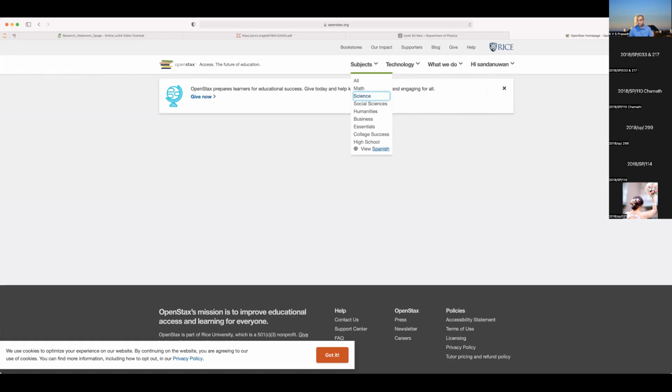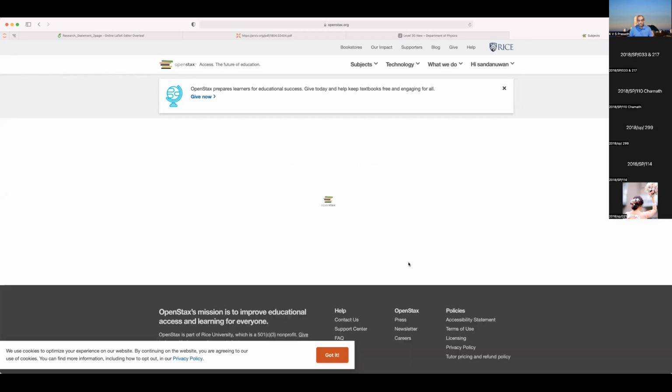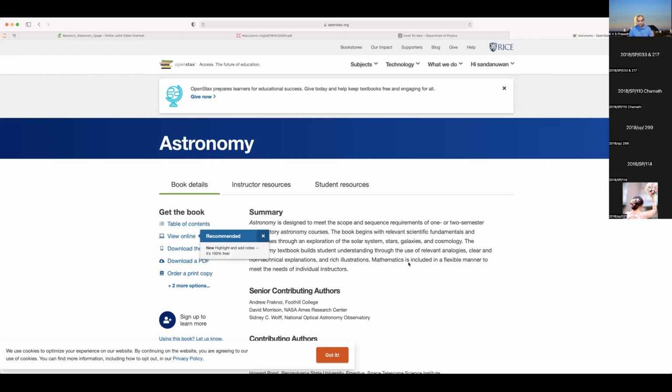Even if you are following a different subject, there may be a book that is relevant to you. What I used is this astronomy book, and there is a second edition here. This book is, by the way, completely free. Anybody can download it and use it, and it's completely legal. Or you can look at it online as well.